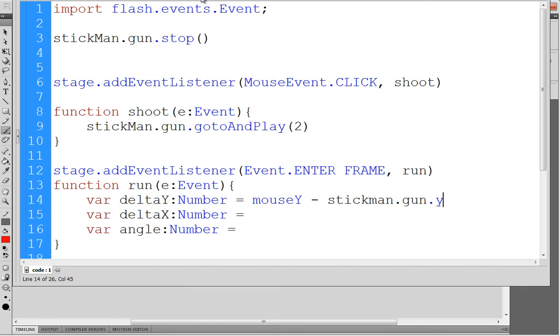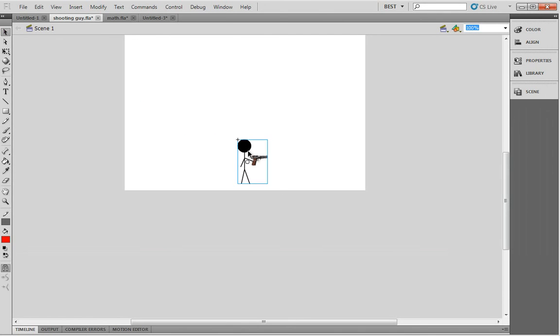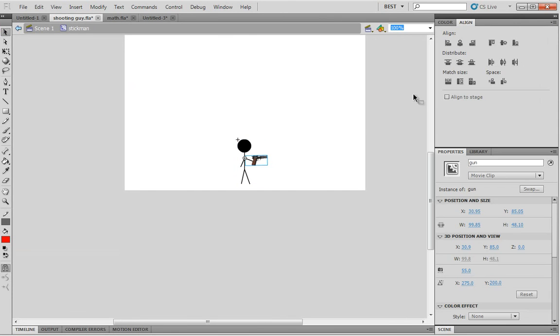But you have to understand something. If we only write that, this means the y coordinates of the gun inside the stickman object. If you look at the properties of your gun, its coordinates are like 30 and 85, or yours are like minus 100, 144, because your stickman was not placed to the right of its little cross.